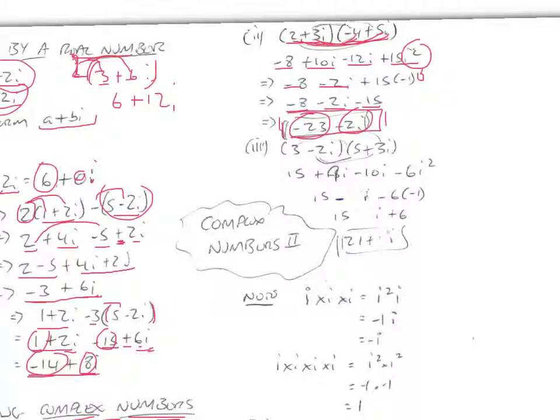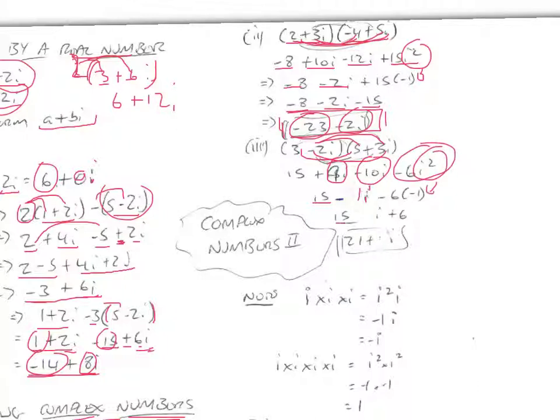Okay, let's look at 3 minus 2i times 5 plus 3i. So 3 by 5 is 15, 3 by 3i is plus 9i, minus 10i, minus 2i by 3i is minus 6i squared. Okay, so that's 15 minus i, minus 6 by minus 1.